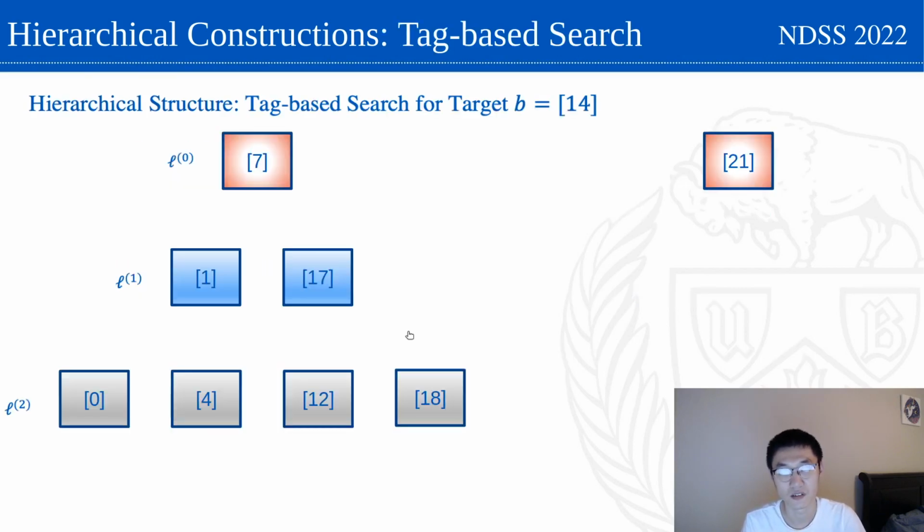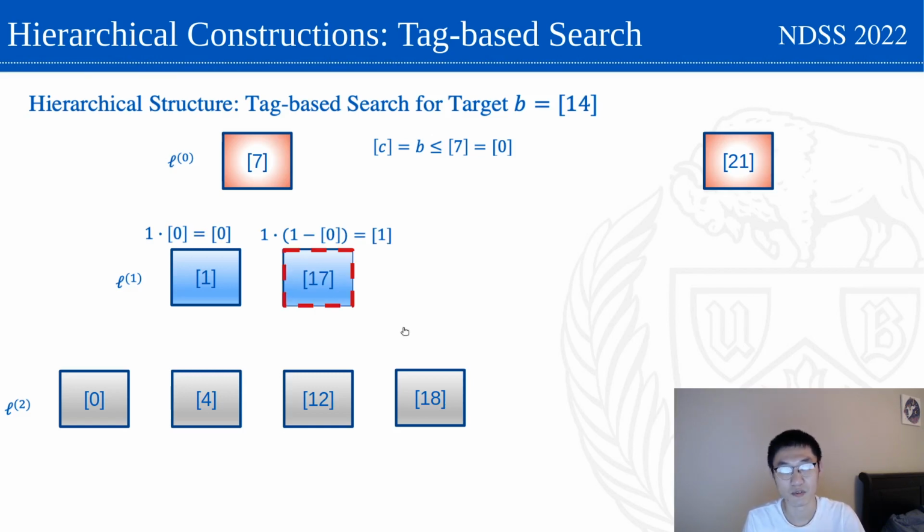In the tag-based solution, we generate tags for each layer to select out the element we're going to access. We start from the top layer. We do a comparison between the target element and the element we're going to access, and based on the comparison results, we will be able to generate the tags for the next layer.